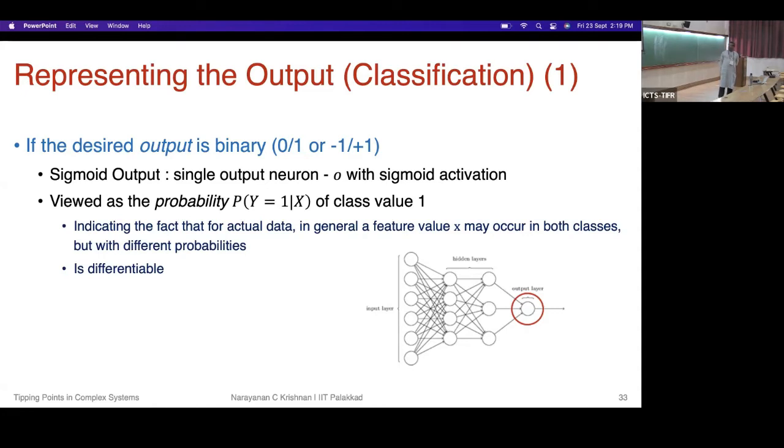O will have the sigmoid activation, and you interpret the output as the probability of the data point X taking the class label 1 given X. Probability of Y equals 1 given X. The output of the sigmoid is always between 0 and 1, so this is the interpretation that we can give.